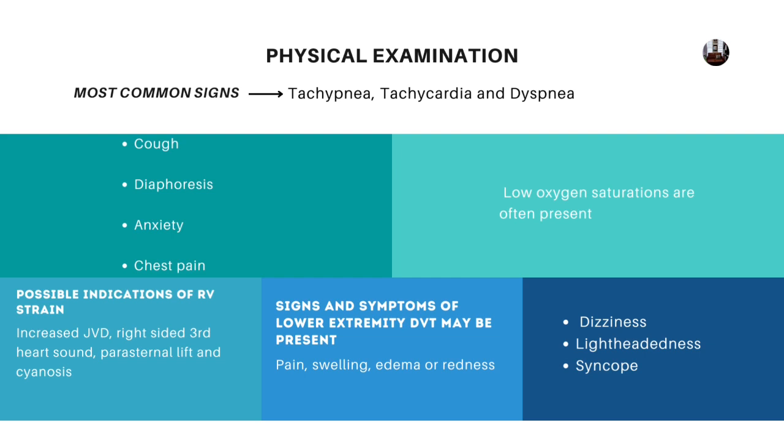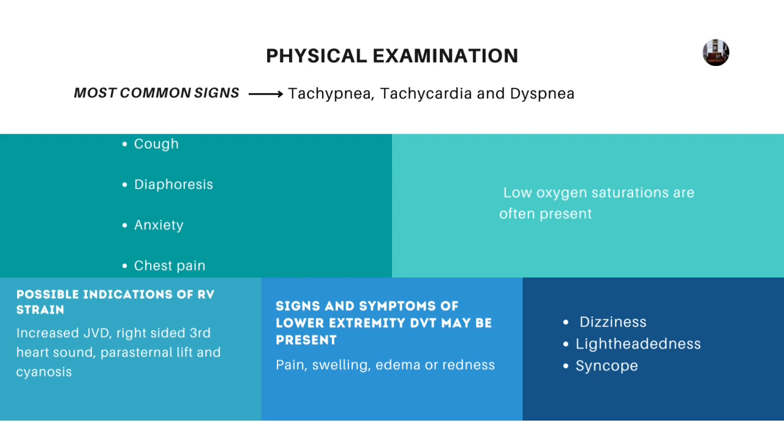You may see low oxygen saturations, dizziness, lightheadedness, syncope, and we must not forget to check our patients for signs of DVT, which may include pain, swelling, and redness in the lower extremities.